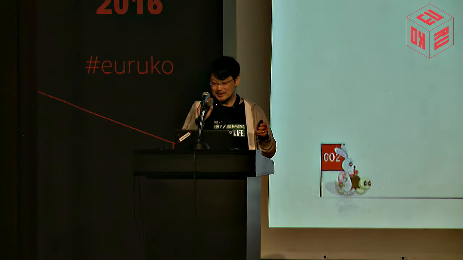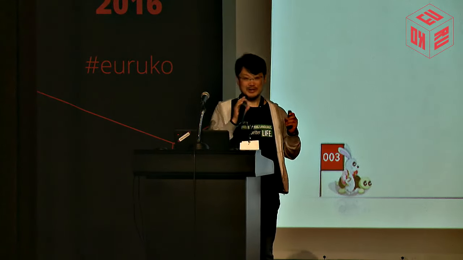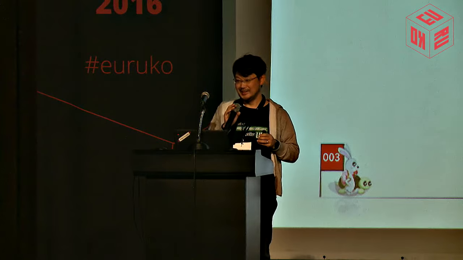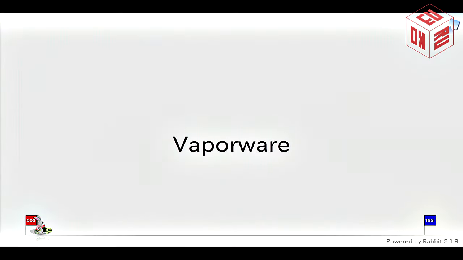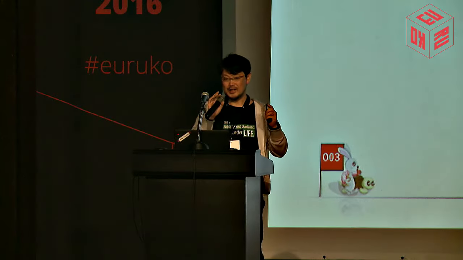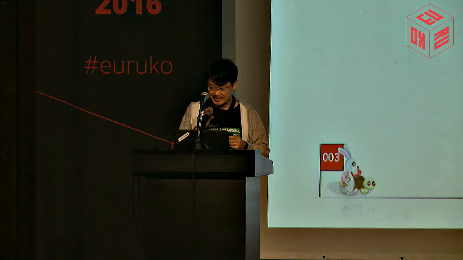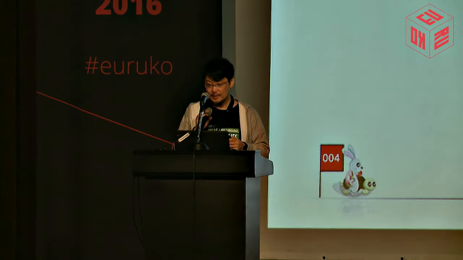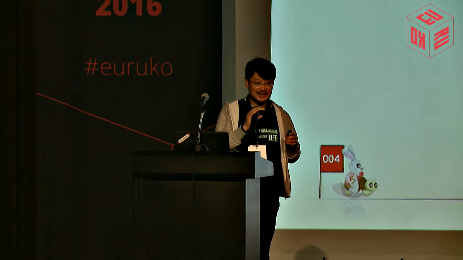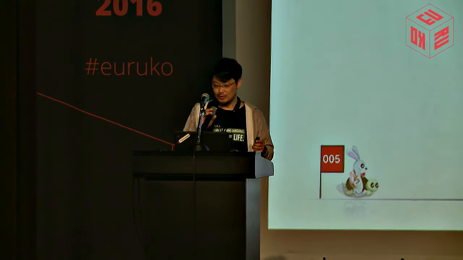In that sense, Ruby 3 is vaporware. So it's just vague ideas, and since it is a set of vague ideas, these ideas are very fragile. But at least, we need some goals.